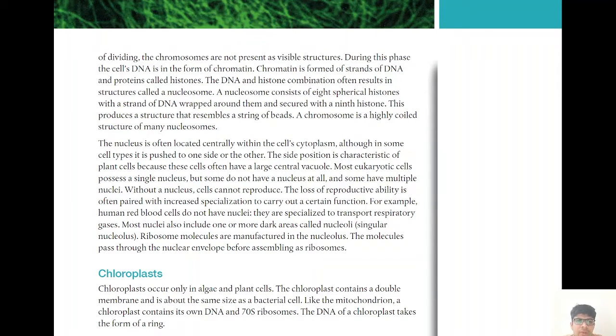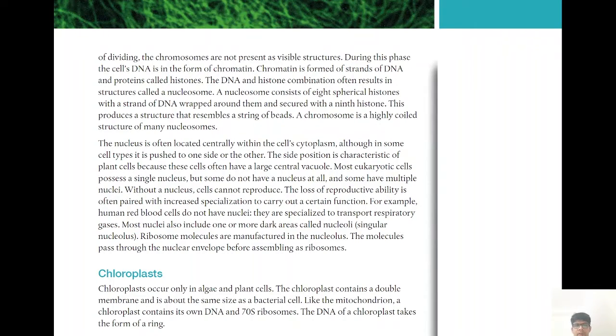The nucleus is often located centrally within the cell cytoplasm, although in some cell types it is pushed to one side or the other. The side position is characteristic of plant cells because these cells often have a large central vacuole. Most eukaryotic cells possess a single nucleus, but some do not have a nucleus at all, and some have multiple nuclei.